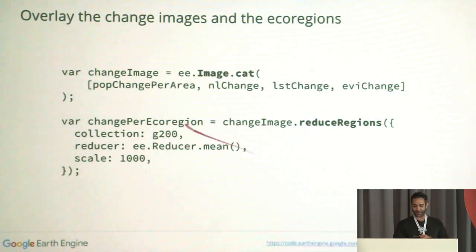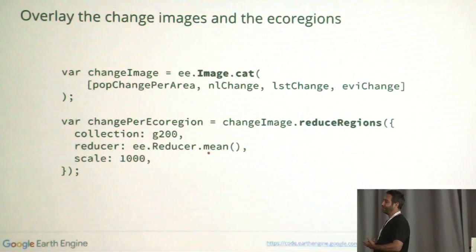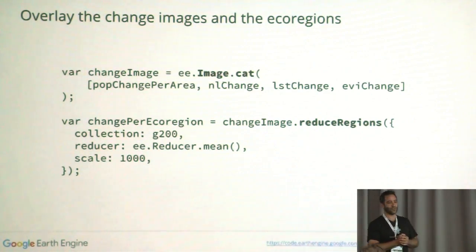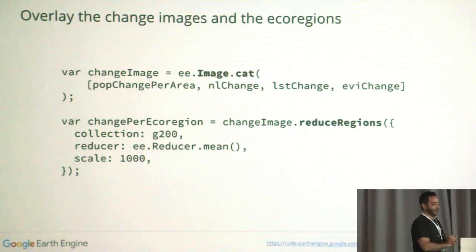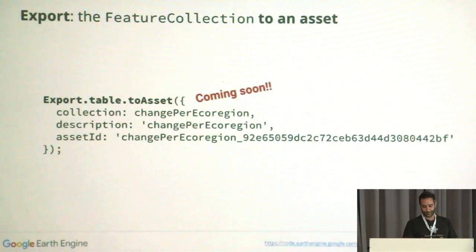Okay, so we take our change images, put them in a list, concatenate them into a single multi-banded image, and then call reduce regions on it with a mean reducer. So this is just getting the mean value inside each ecoregion of all those change images. So there's the collection.